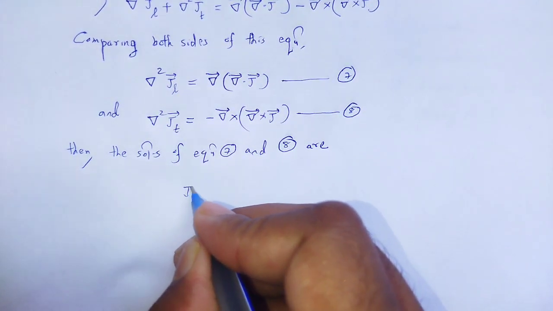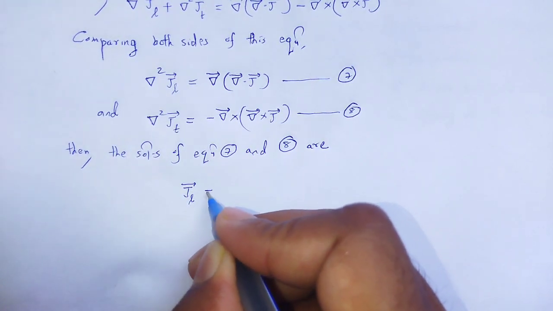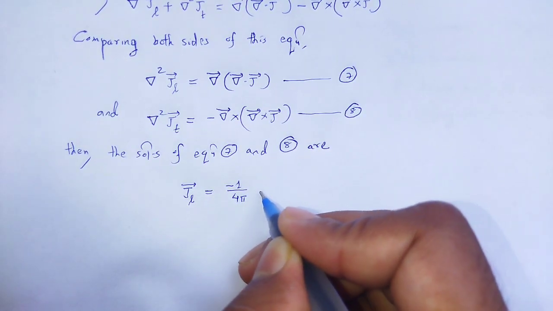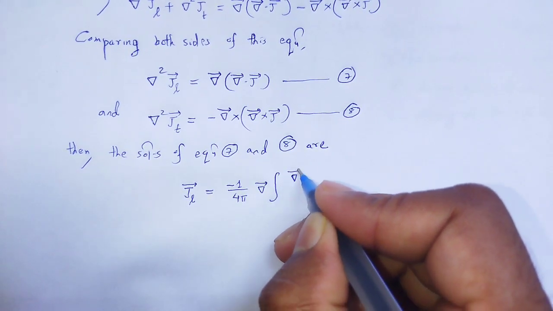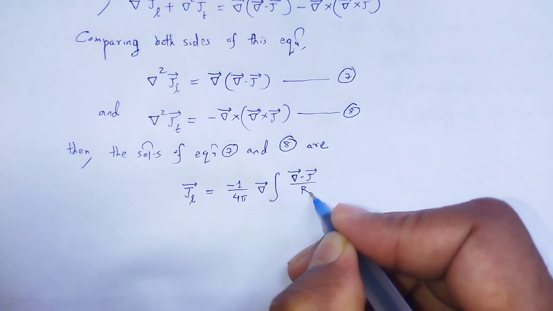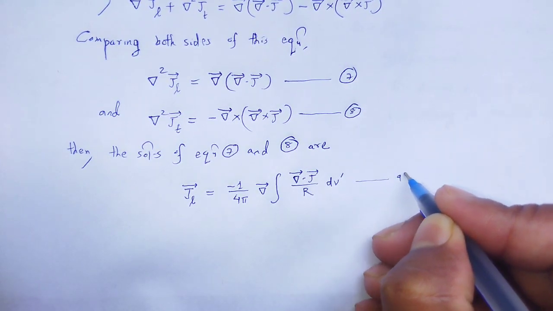The solution for the longitudinal component of current density J L is equal to minus 1 by 4 pi grad integration over grad dot J divided by R dV dash, equation number 9.